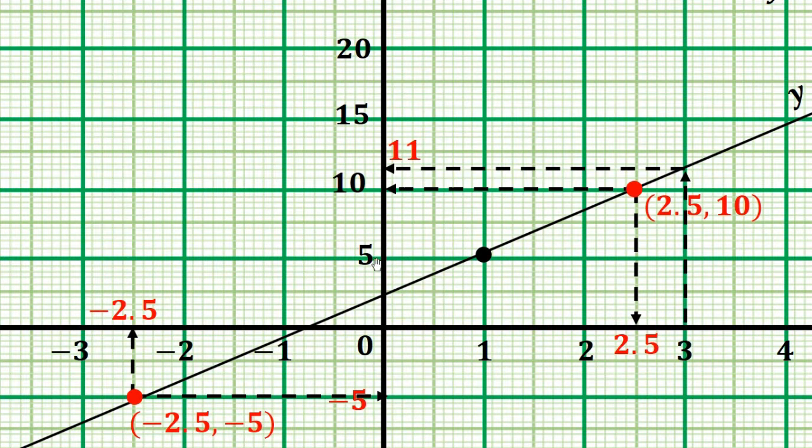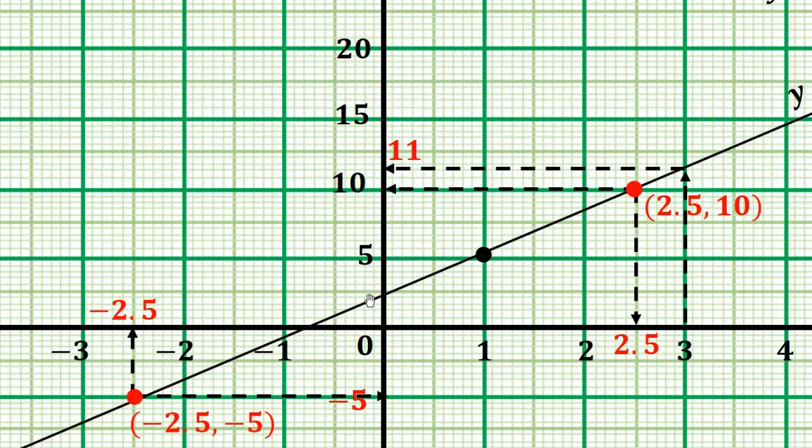We have 10 divisions between 0 and 5. By divisions, I mean the lines. So we have 10 lines between 0 and 5. We have seen that the difference between 0 and 5 is 5 units, and we have 10 divisions between them.